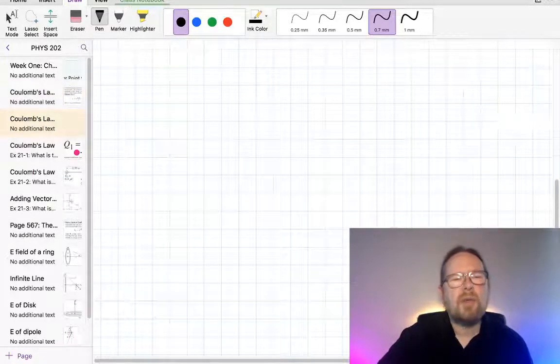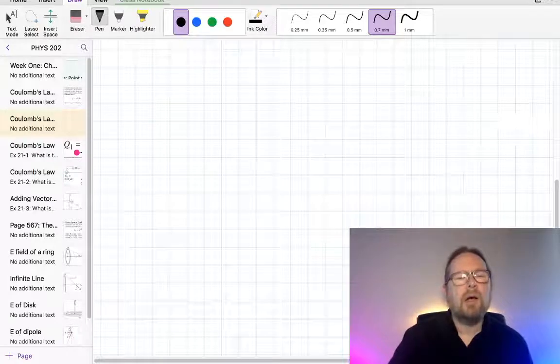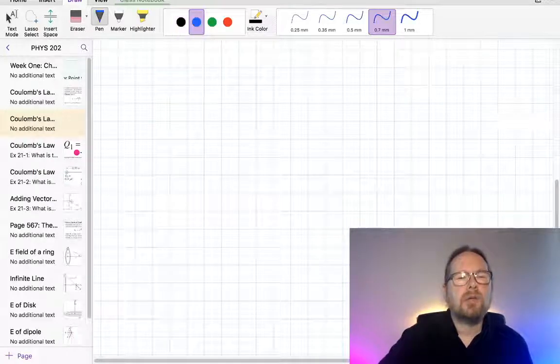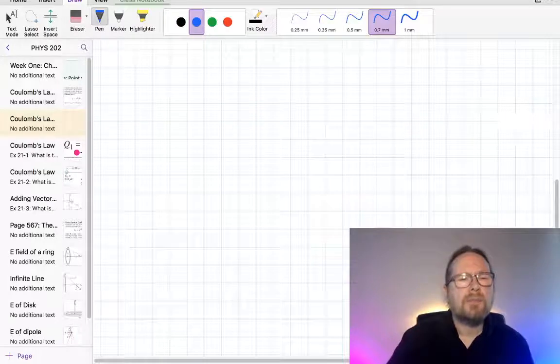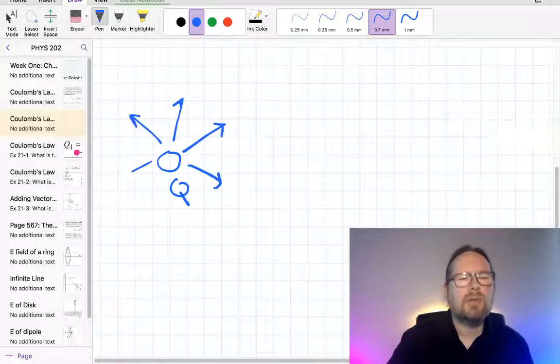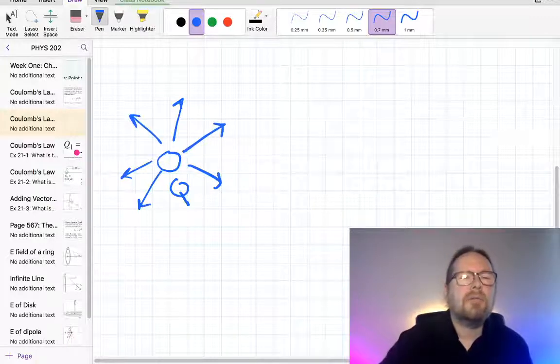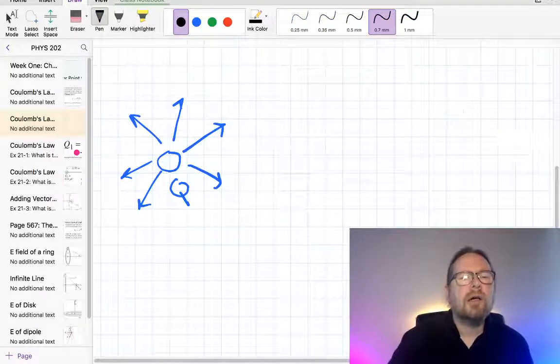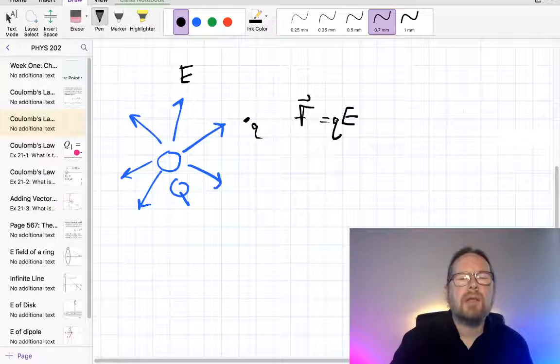Last time we saw that we can also think about this in terms of an electric field. We can think about a charge Q in space as creating an influence, a disturbance, a something in space called the electric field, and that some other charge, let's say little q, that finds itself in that electric field will experience a force equal to its charge times the strength of the electric field at that point.